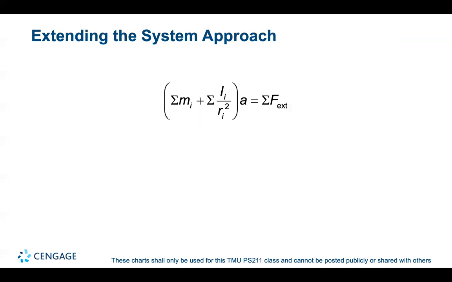When pulleys or other rotating objects are involved, there is an additional requirement that the cables causing them to rotate must not slip, so that the tangential acceleration at the point of contact is the same as the common acceleration of the masses in the system. Each rotating object then contributes an additional effective mass of I divided by r squared to the total mass or inertia of the system.